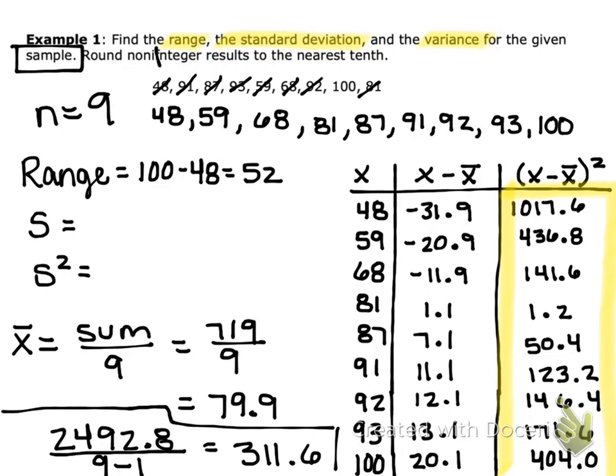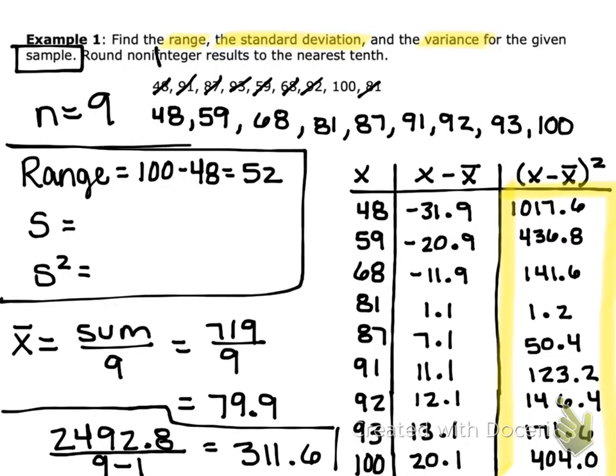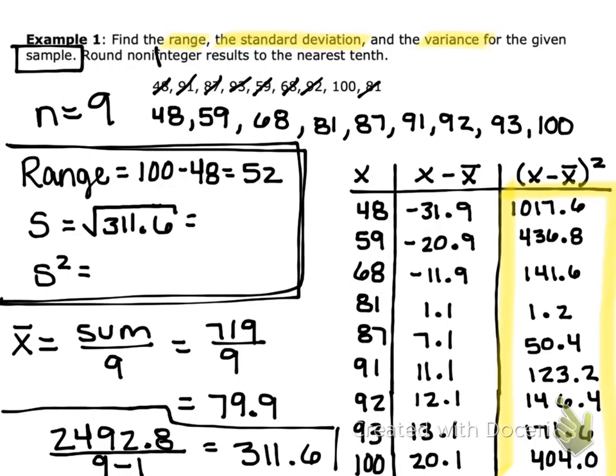Okay. Now we're going to take that number, we're going to square root it. So coming back to my answer key over here, right? This is what I'm looking for. This box of answers here is my goal. The standard deviation is going to be the square root of 311.6.